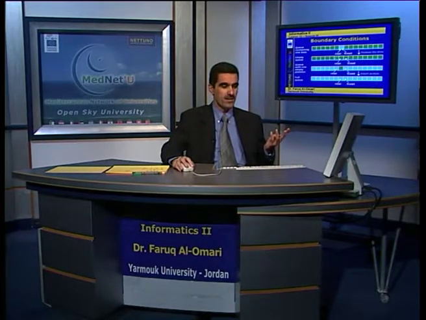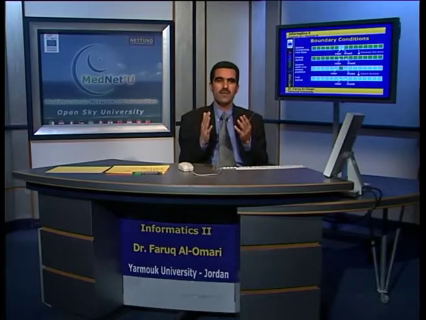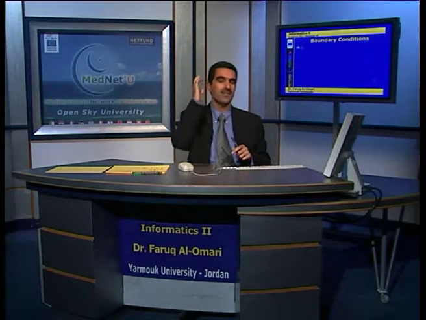In both cases, as we can see in the example here, the difference between front and rear is one position. So when I look at front and rear, and I see that the difference is only one, does that mean the queue is full or the queue is empty? Well, I can never tell, actually, from the situation.